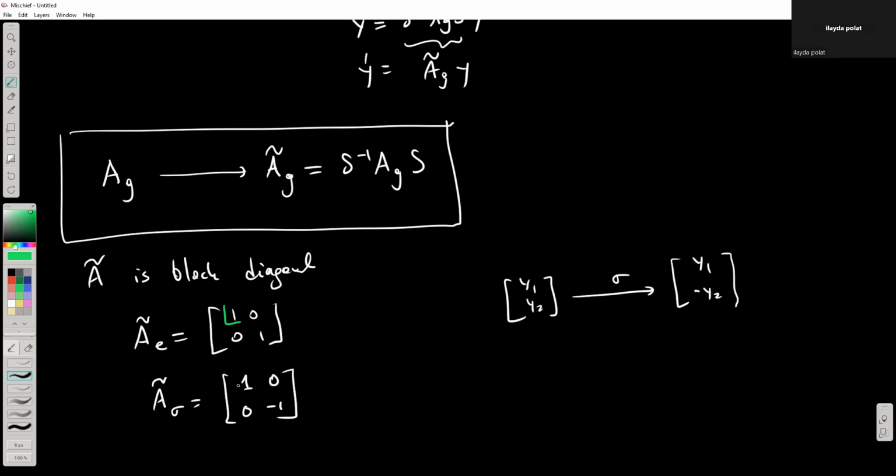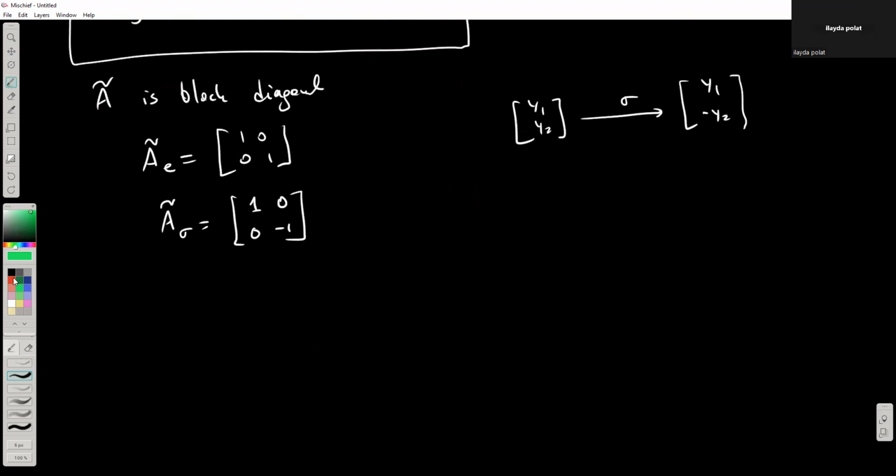So let me erase these, and I'm going to write this in general. It's not that general actually, but let's say A tilde of g is equal to, we have a one by one block here, which transforms like the U1 representation, and another one by one block here, which transforms like the U2 representation. So that's what we wanted to do.